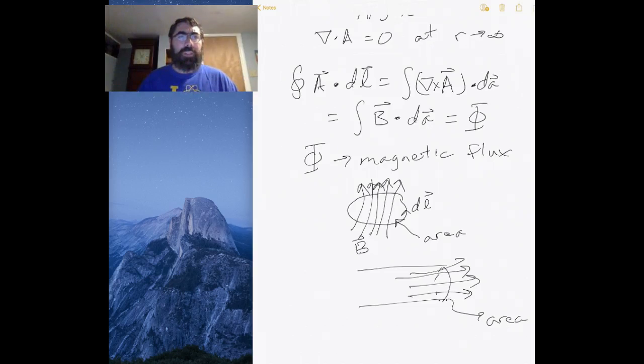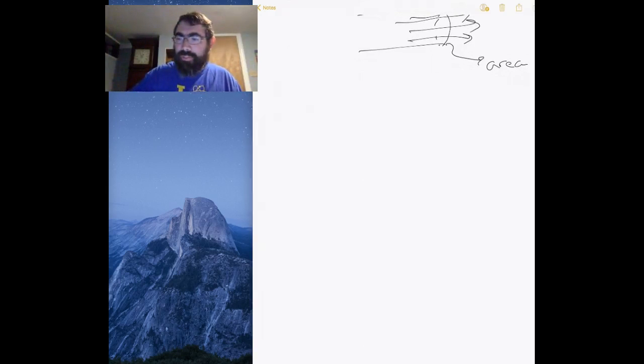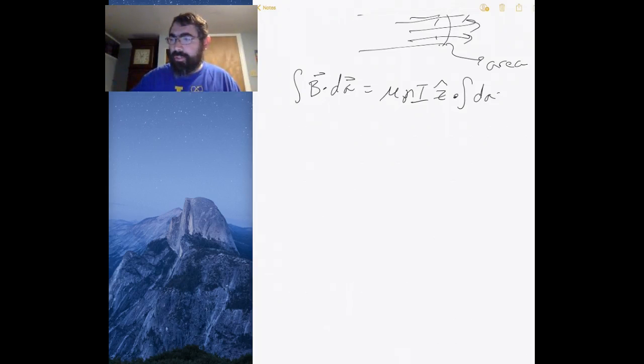Okay, so let's calculate that. The flux of the magnetic field through the area is mu zero N i dot the area, which is also in the direction of z.